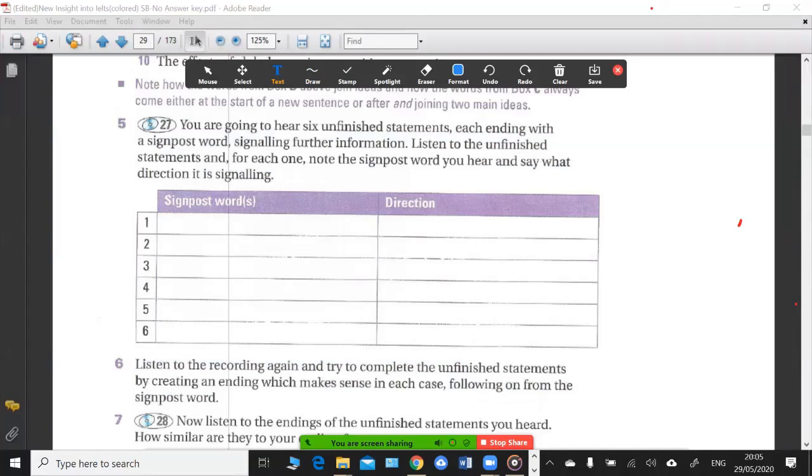So you see here, the signpost word is for instance, and the direction is introducing an example. It's like this.